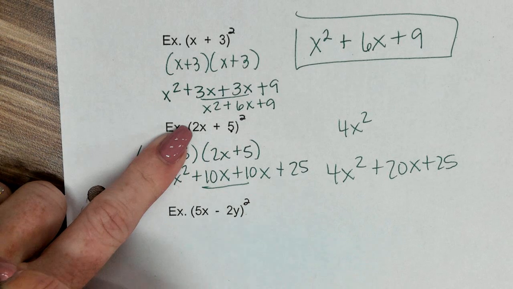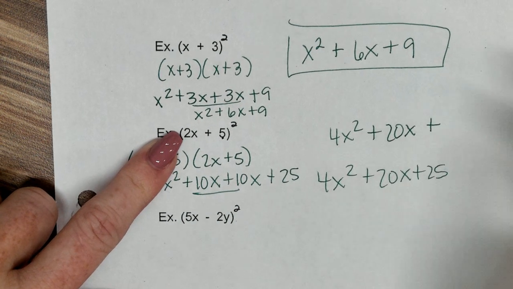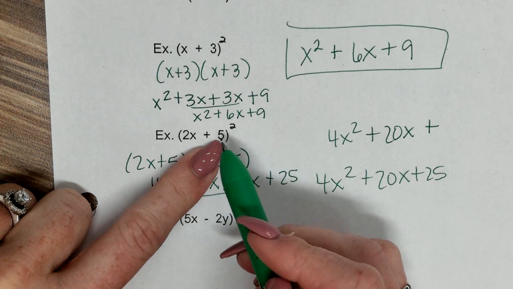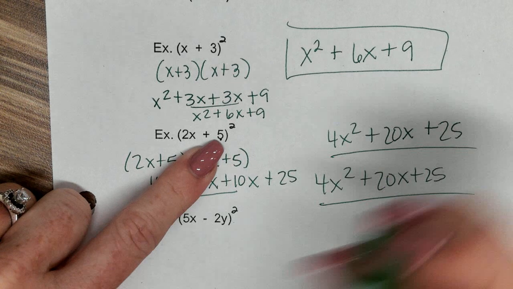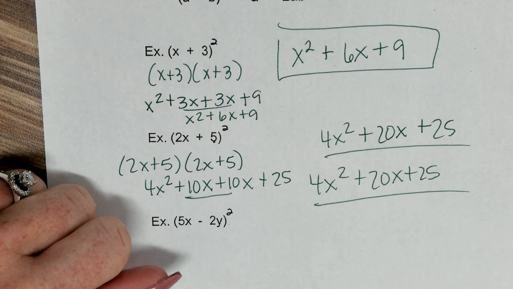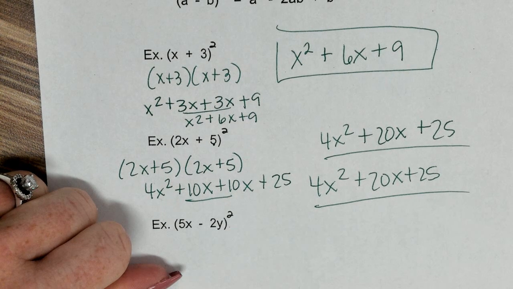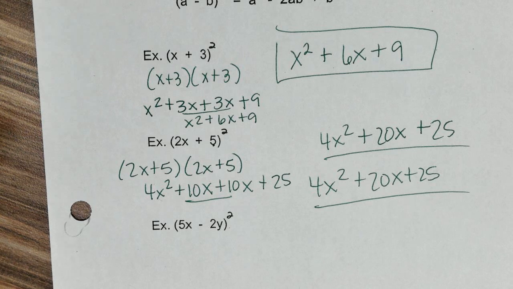And what's 4x times 5? So 20x, plus. And then do your last term squared. 5 times 5 is 25. Did I get the exact same thing? If you learn the pattern, it's just way faster. Okay, if you don't get the pattern, I'm fine with you doing it the long way. It just takes way longer.